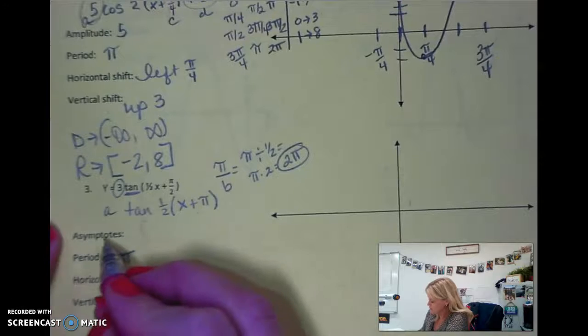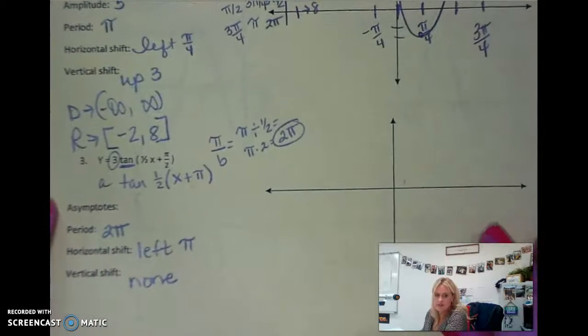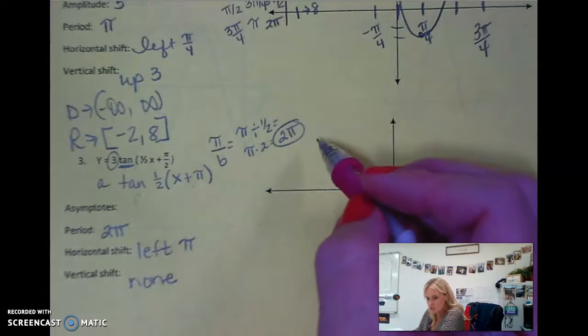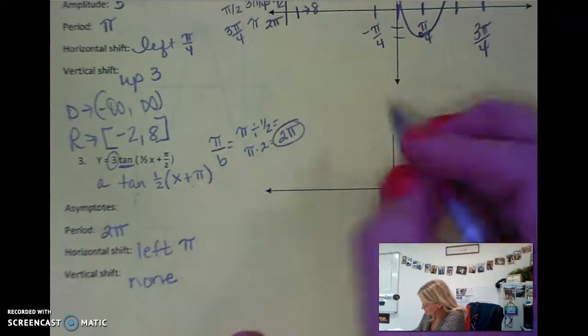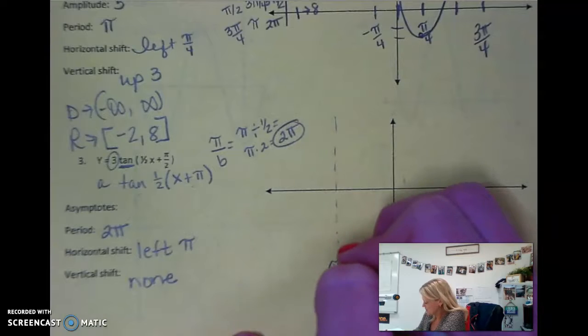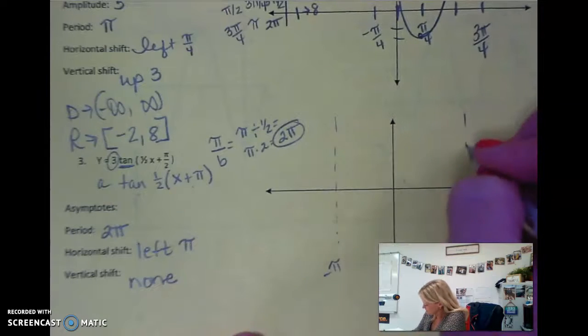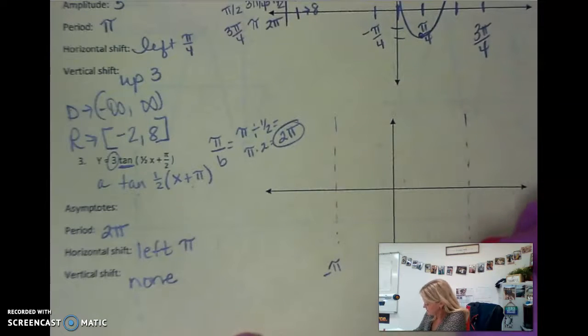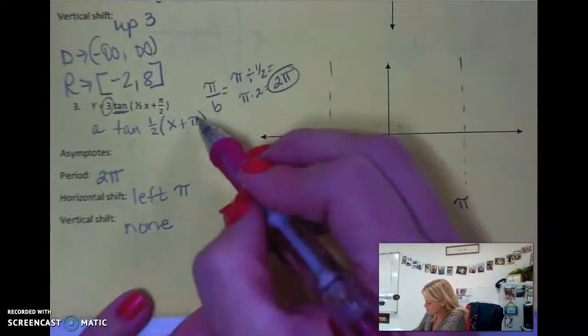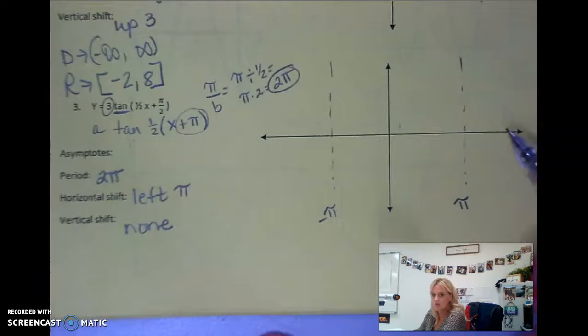And the asymptotes we're going to look at when we graph here in a second. So typically, if I don't think about the shift for a second, my period is 2 pi, which means that one asymptote is going to be at -pi, and my second asymptote is going to be at +pi. However, I'm shifting this whole thing left a whole pi.